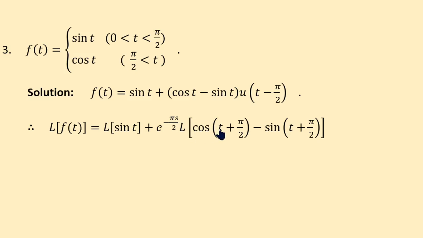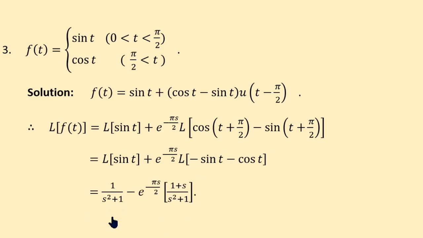Therefore cos of (t plus pi by 2) is minus sin t, and sin of (t plus pi by 2), in the second quadrant sin is positive, but sin becomes cos here, therefore it is cos t, and this minus remains. So minus sin t minus cos t; taking minus outside, minus e power minus pi s by 2 into the Laplace transform of sin t plus cos t.